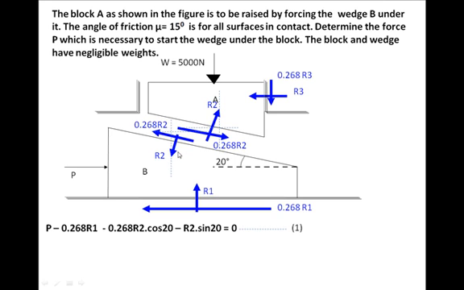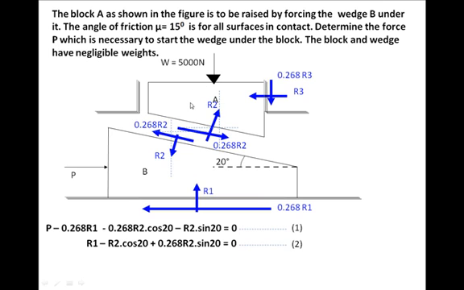The angle it makes with the vertical is 20, so with the horizontal it is 70, and this will be R2 sin 20, the horizontal component of R2. That is equation 1. Similarly, equation 2 for the y direction will be R1 minus R2's vertical component R2 cos 20, plus 0.268 R2's vertical component, 0.268 R2 sin 20.